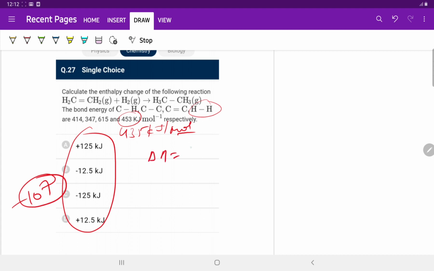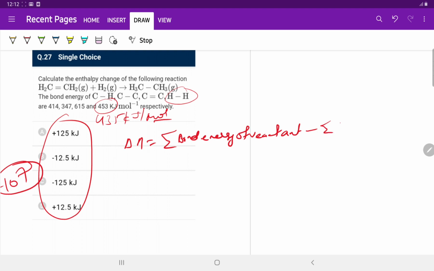Okay, so delta H is equal to summation of bond energy of reactant minus summation of bond energy of product.